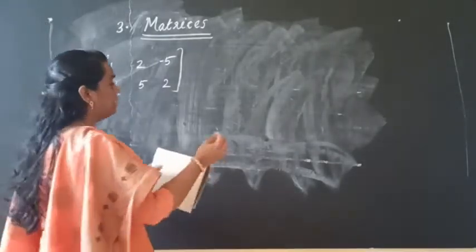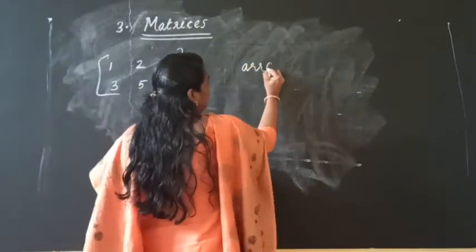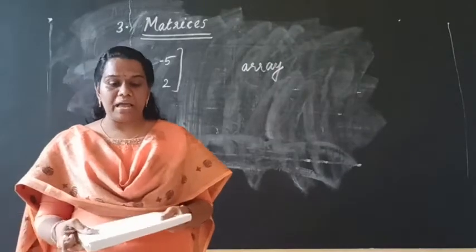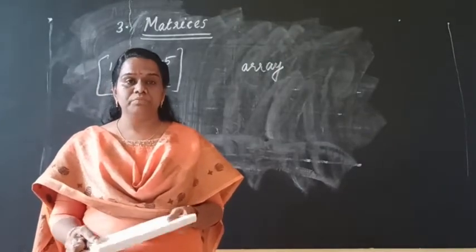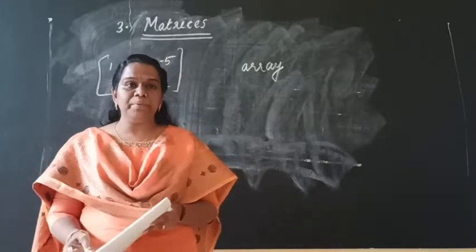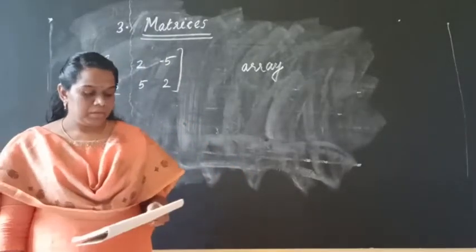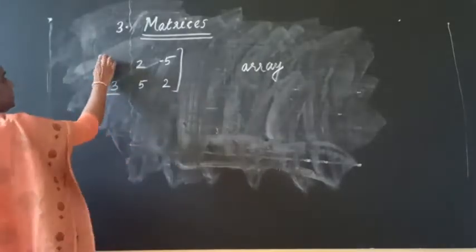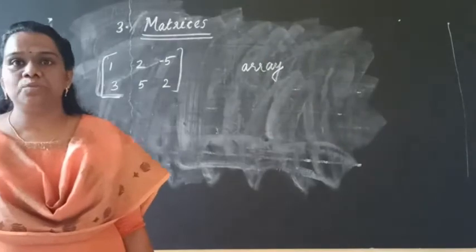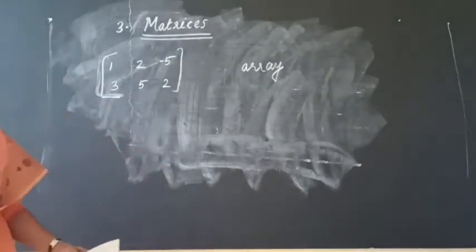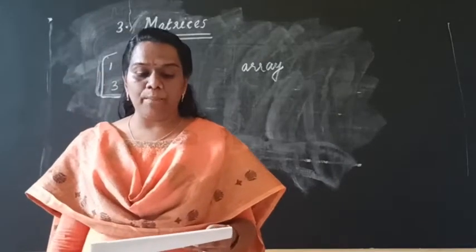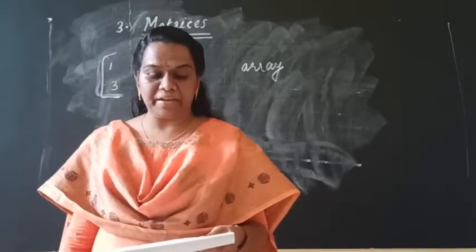A matrix is an ordered rectangular array of numbers, real or complex, displayed between brackets. Here we are putting a round bracket, not a square bracket.